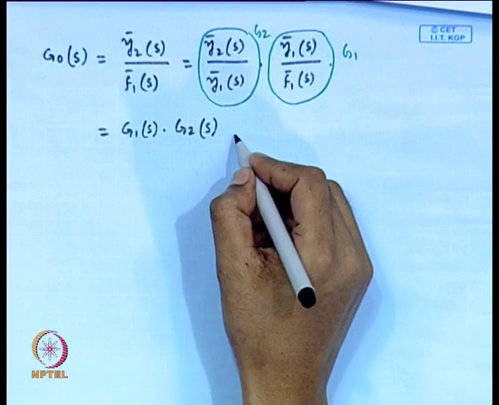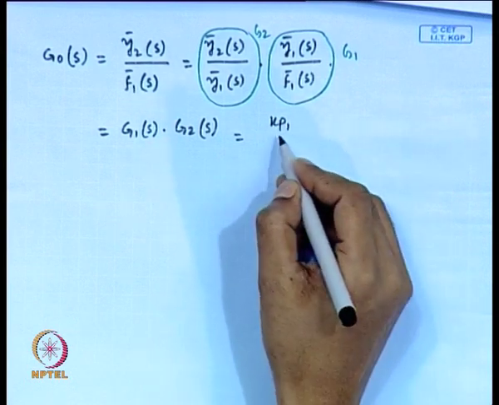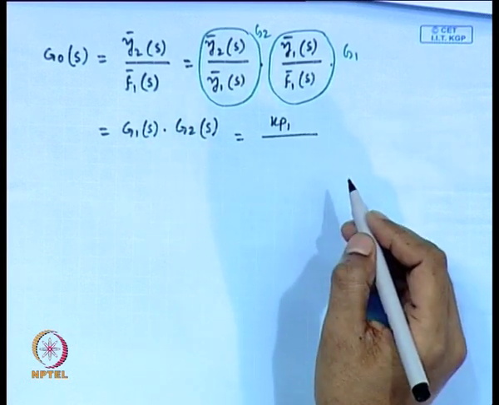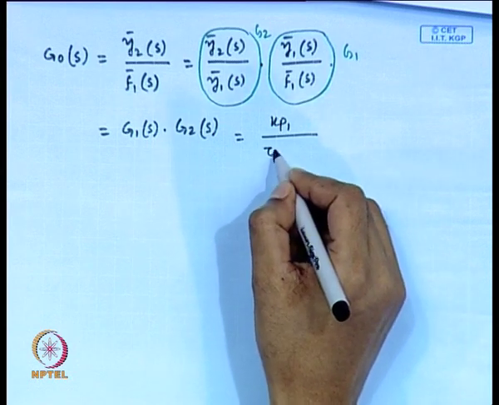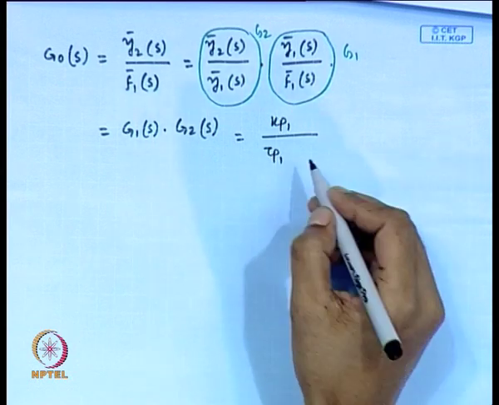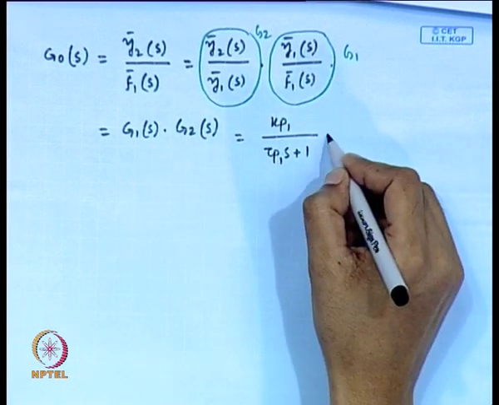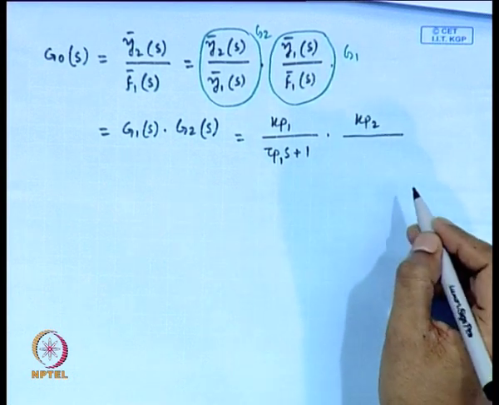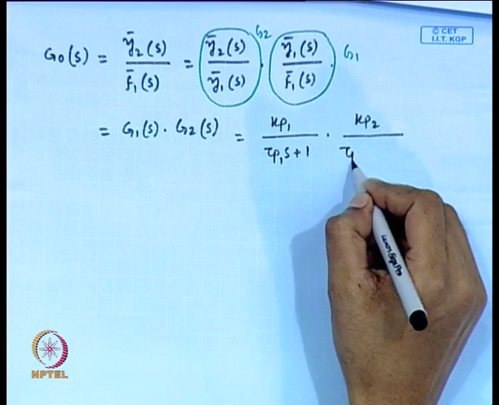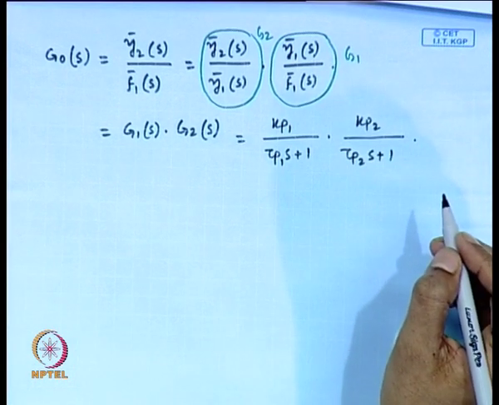So, if we substitute the expression for z 1 s and z 2 s, we obtain g naught s as k p 1 divided by tau p 1 s plus 1 multiplied by k p 2 divided by tau p 2 s plus 1.